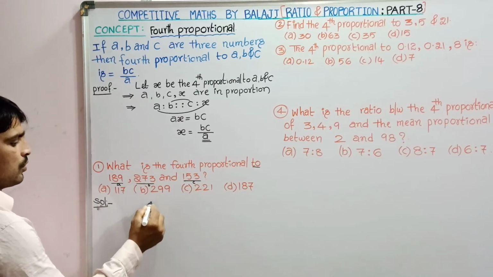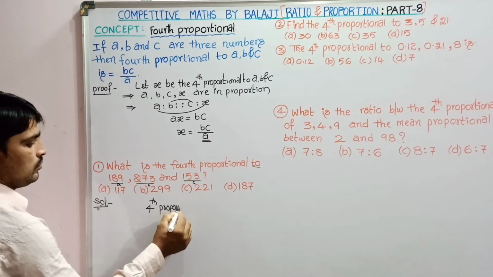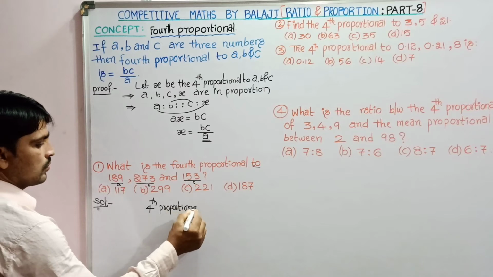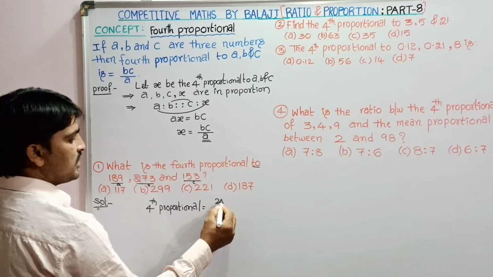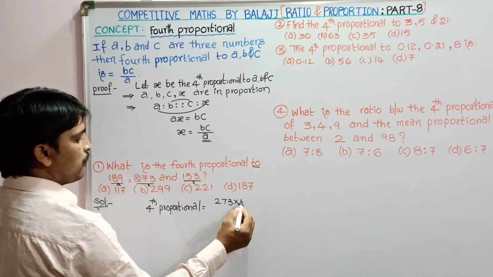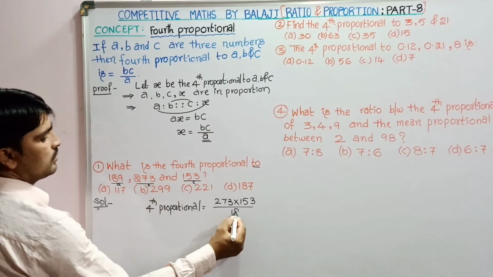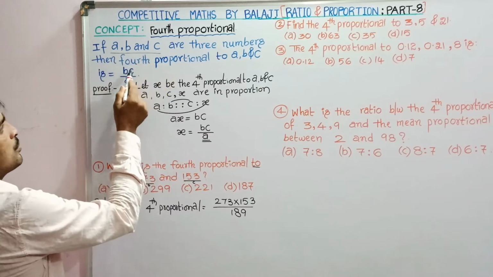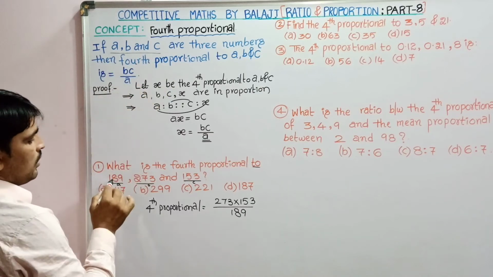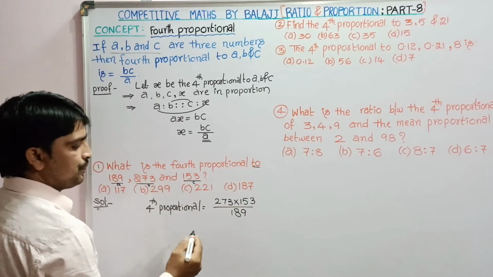The fourth proportional is the product of b and c, 273 into 153, divided by a, that is 189. So the fourth proportional of a, b, c is bc by a. In the same manner, the fourth proportional of 189, 273, 153 is this one.